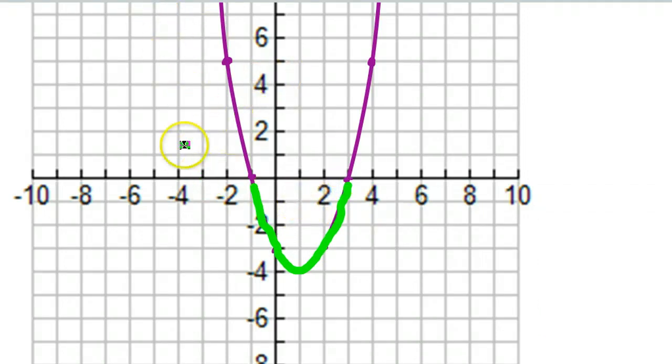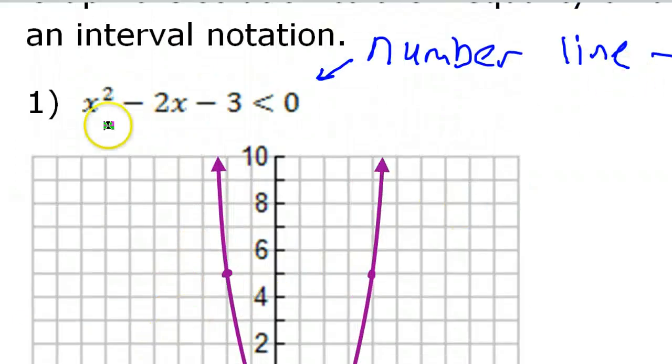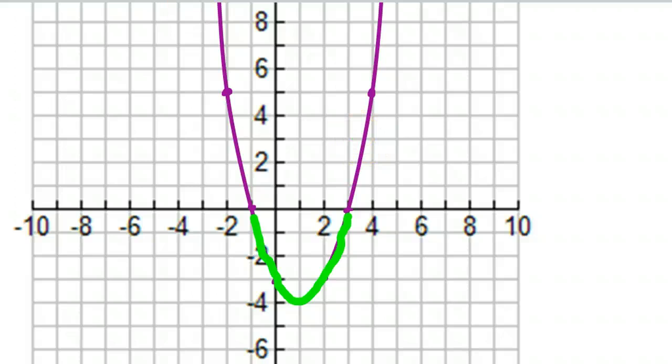But we need to convert this to a number line graph when we have only x values. So let's convert this to a number line graph. Okay, so the solutions go from here to here. They go from negative 1 to 3. But we're going to need an open circle and another open circle. And we'll draw this blue segment representing all of the solutions in between.